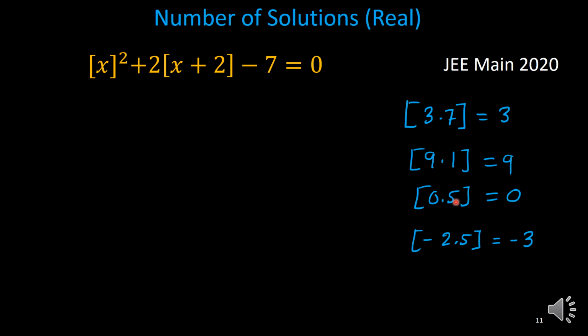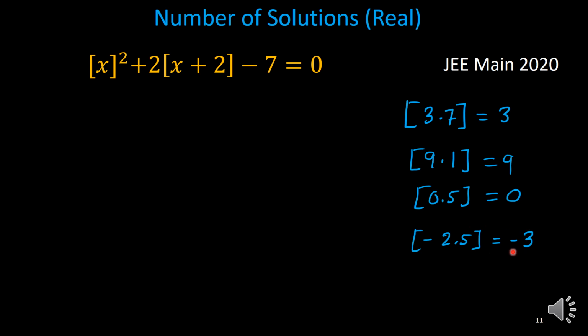Similarly, 0.5, its integer value is 0. And note here, minus 2.5, its integer value is minus 3. Because minus 2.5 lies within minus 3 to minus 2, so it starts from minus 3. Thus its integer value is minus 3, because you can write it as minus 3 plus 0.5.